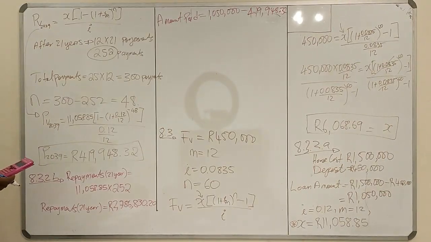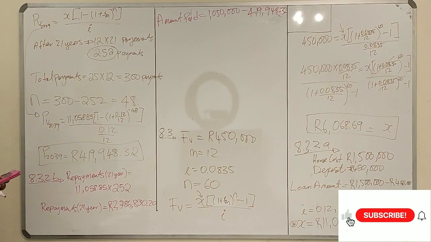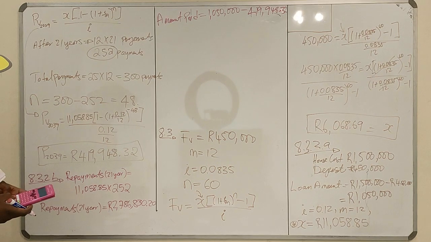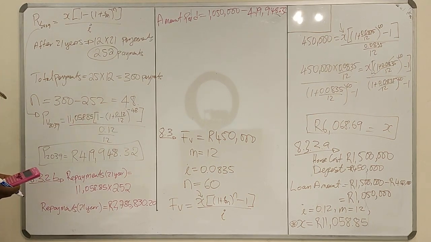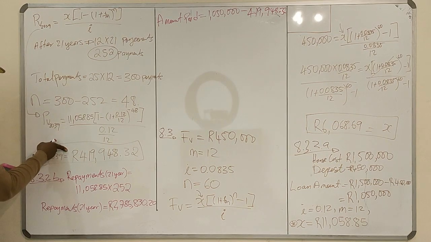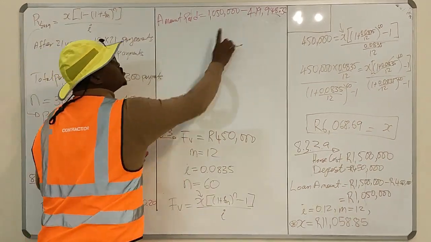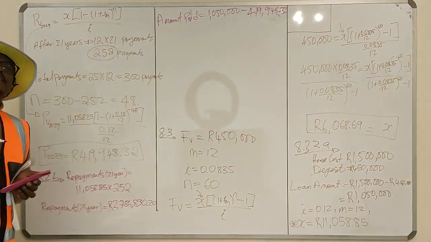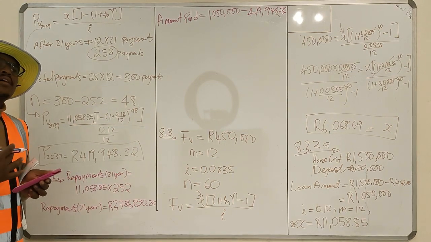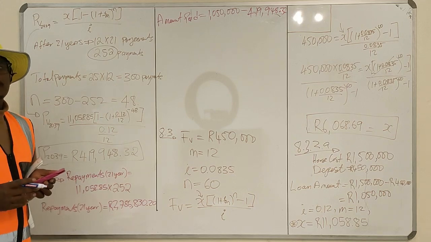So you say 1,050,000 minus this amount, which is still outstanding. By finding this difference, you want to find how much money of the original loan he managed to pay, which is how much he has reduced off the loan.